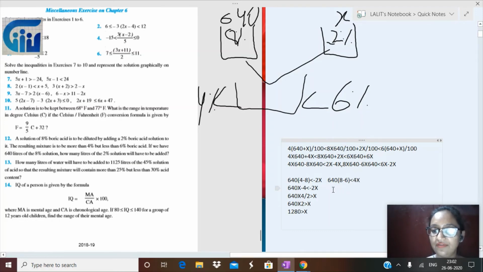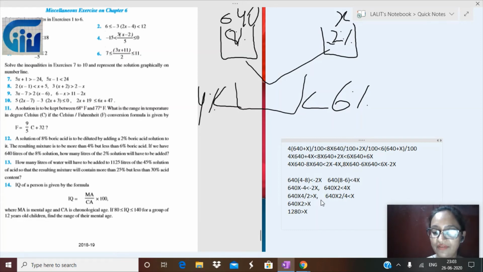So solving it further, it will be 640 into 2, strictly less than 4x. So if we solve it further, we will have 640 into 2 divided by 4 is strictly less than x, right?